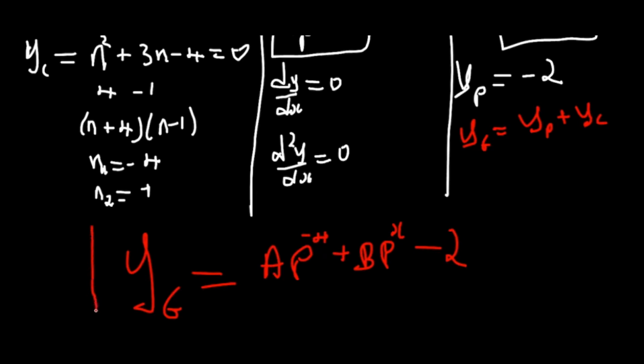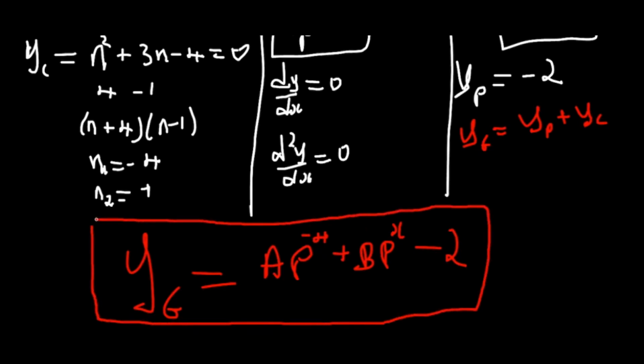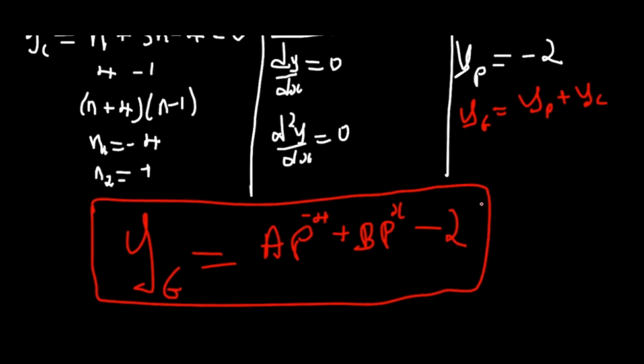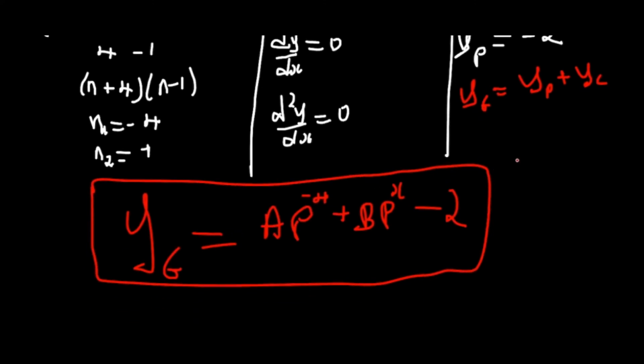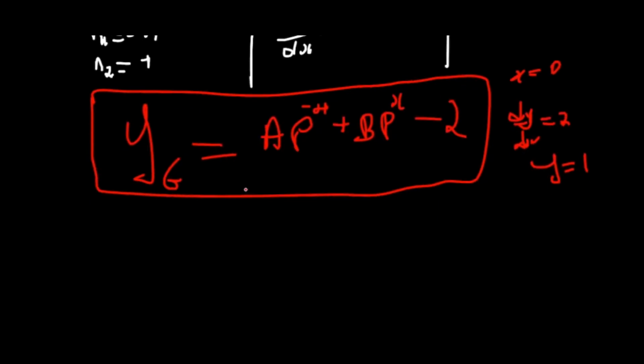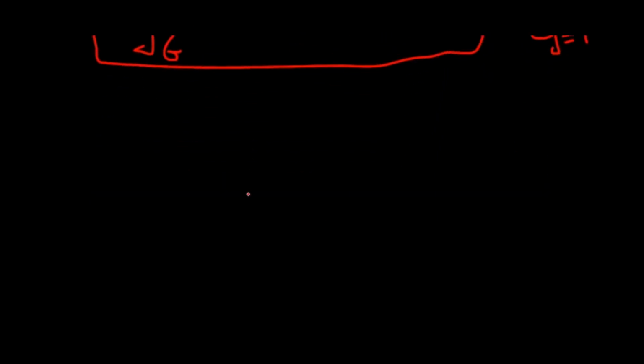So that is our general solution. From this general solution, we can be given conditions to look for the values of a and b. The conditions might be x equal to 0, dy dx equals 2, and y equal to 1. Basically we're going to have simultaneous equations, and we solve them for the values of a and b. So, moving on to the next question.